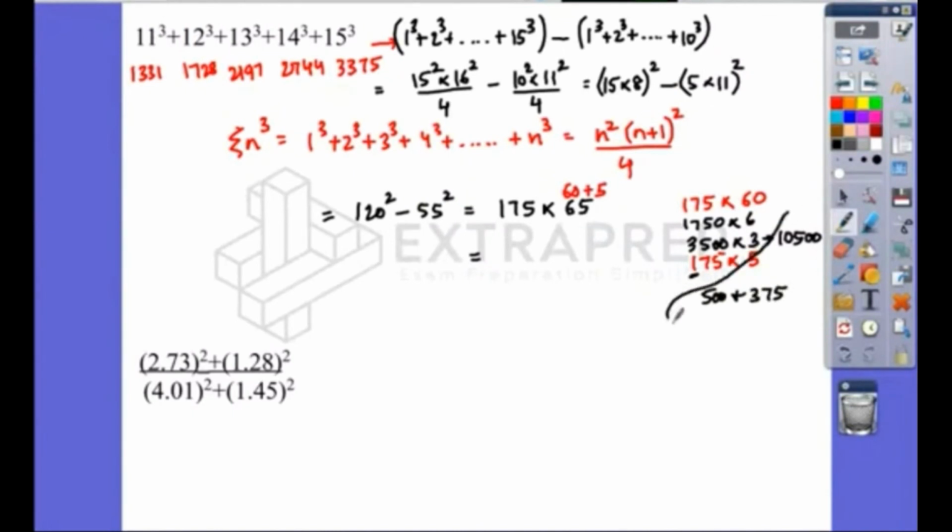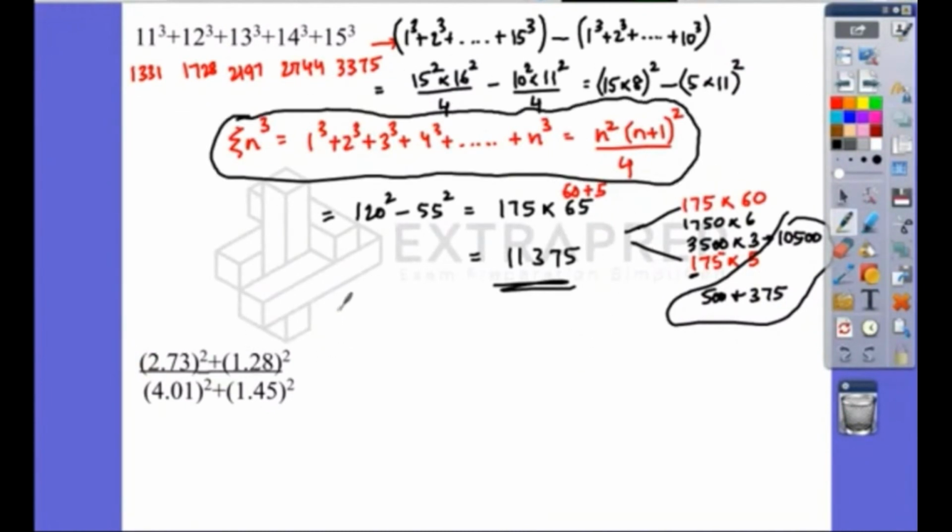So when you add all these numbers, 10,500 and 500 is 11,000, and 375, you get the answer as 11375. Simplification should be faster. You need to learn to break numbers to calculate faster rather than calculating 175 into 65. When you break it and add these two, it's easier this way. Whenever you use formulae, problems are solved faster. I hope this is understood.